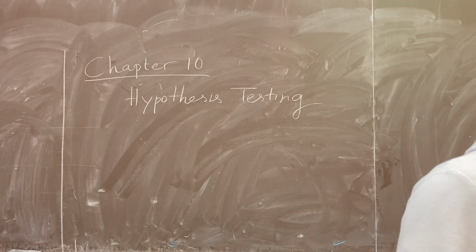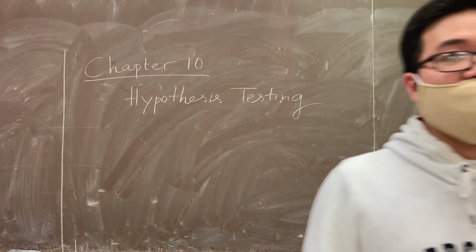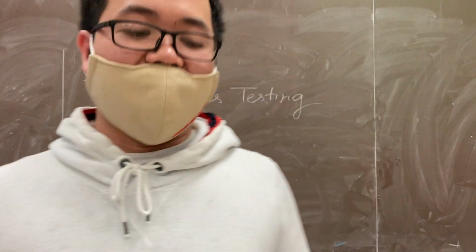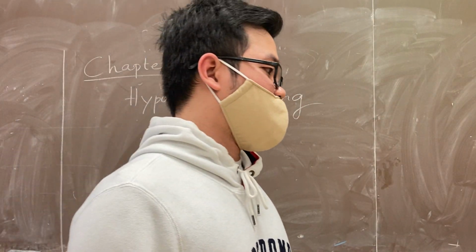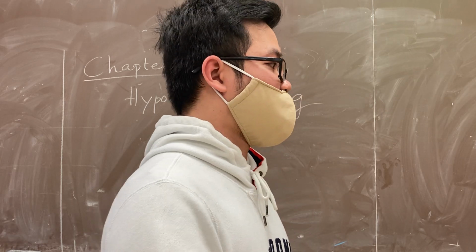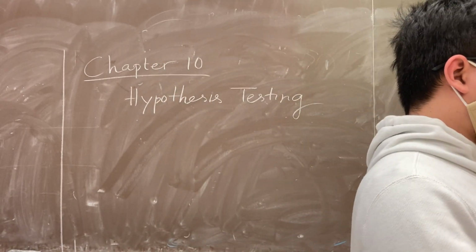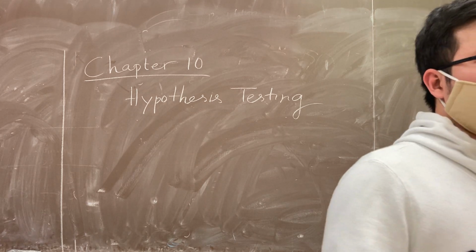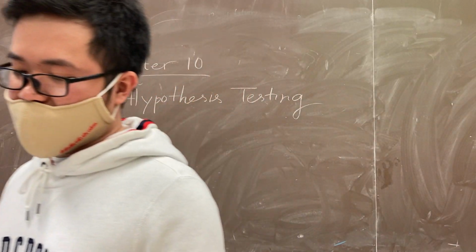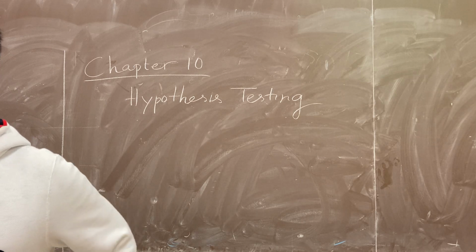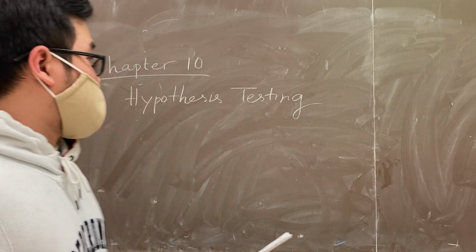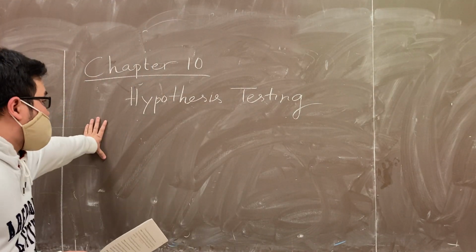A lot of people can make a statement, and the question is, how do we test this statement? How do we know if this statistic is correct or not? Today, chapter 10 is about this.